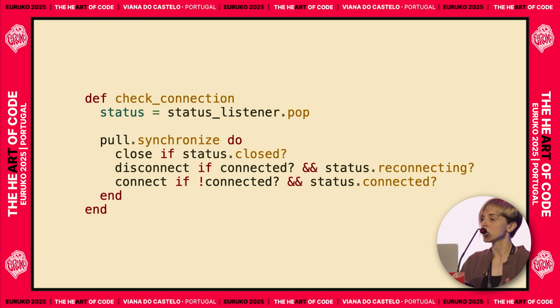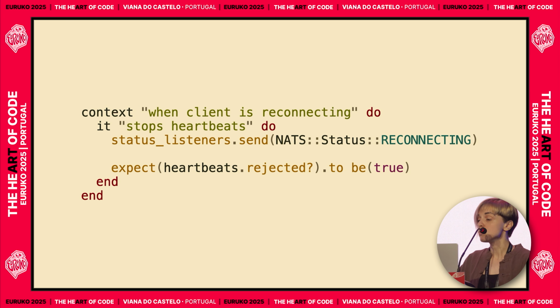Suddenly, we have no threads, we have no loops, just plain Ruby code that we can test in a nice, single-threaded environment. And even better, we can use that previous test. We just remove sleep, and everything passes, because there are no threads. Nothing interferes with this test.